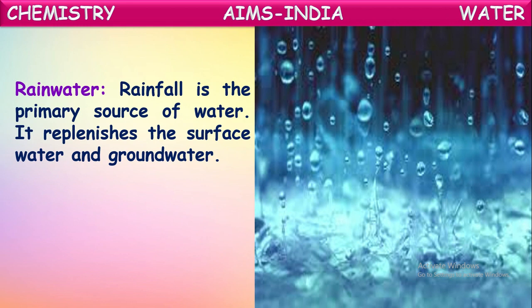This rainwater replenishes the surface water like lakes and rivers, which will be filled with rainwater, and even the groundwater. Because when it rains, some water sinks into the soil and replenishes the groundwater. So we are getting these rains seasonally. About the rain and the water cycle, we are going to learn in the next session.